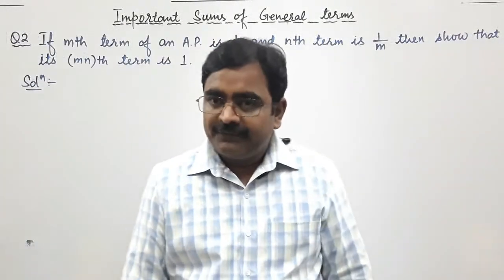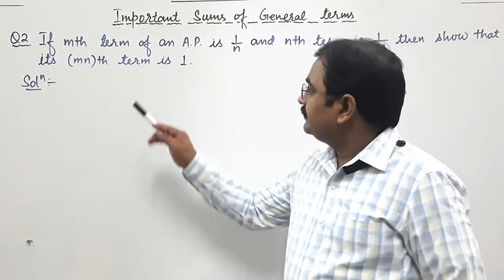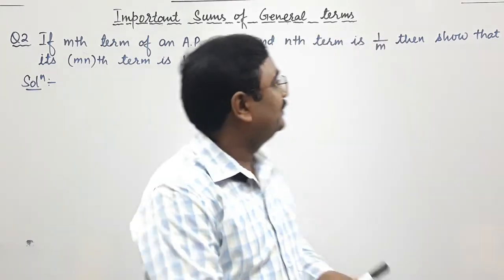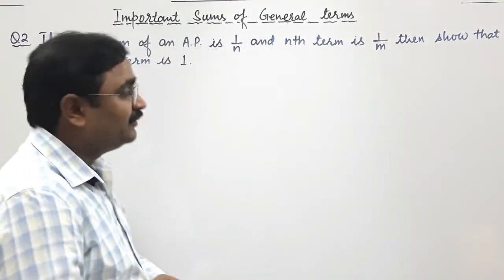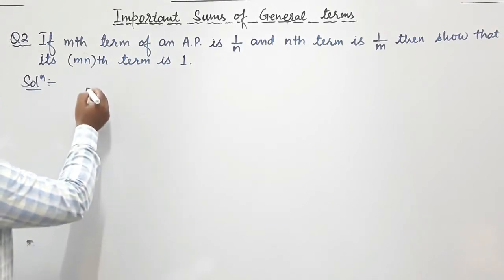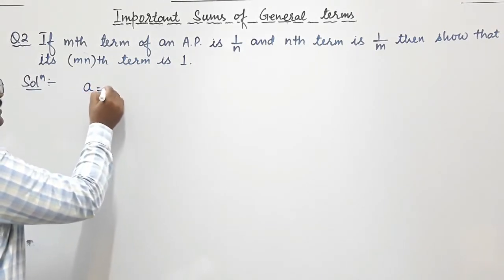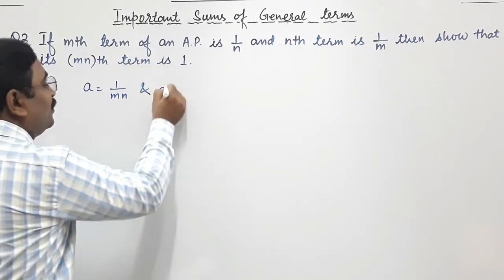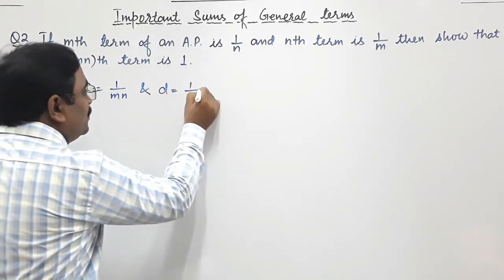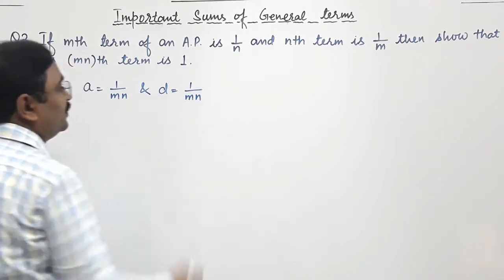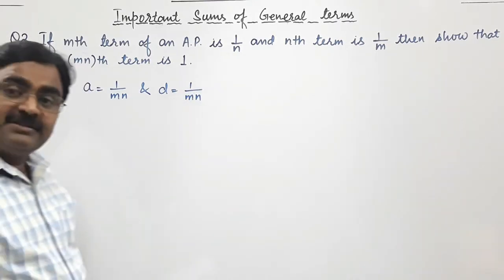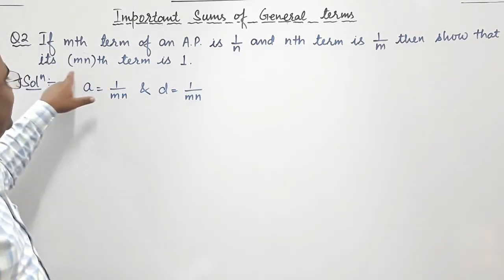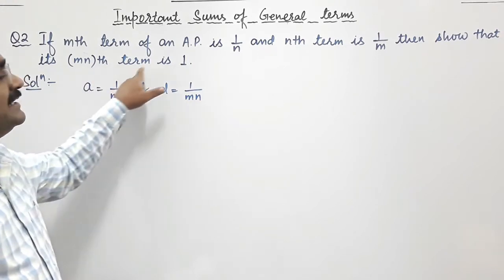Okay friends, after solving these two pieces of information, the mth term is 1 upon n and the nth term is 1 upon m, we got the two results: the first term a is equal to 1 upon mn and the common difference d is also 1 upon mn. As we got these two values, afterwards it is asking that its mnth term is 1.